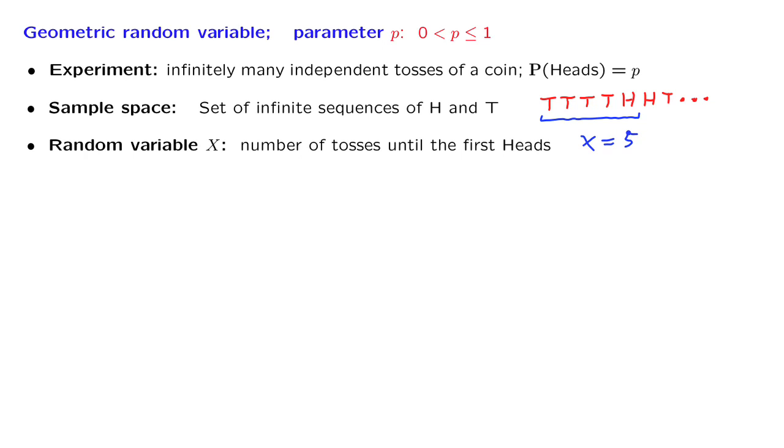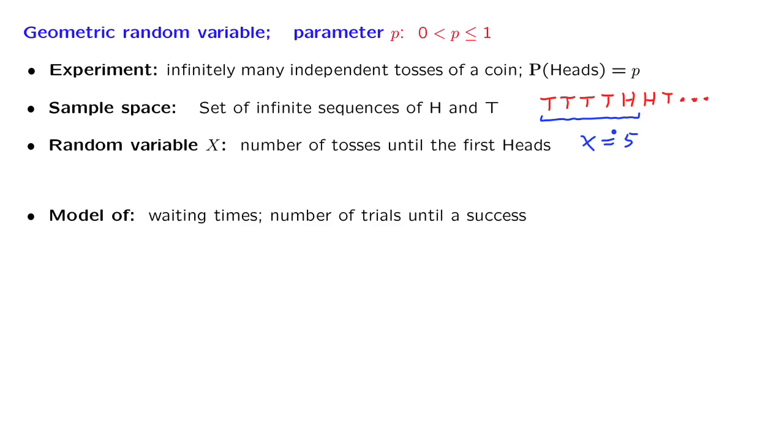A random variable of this kind appears in many applications and many real-world contexts. In general, it models situations where we're waiting for something to happen. Suppose that we keep doing trials at each time, and the trial can result either in success or failure, and we're counting the number of trials it takes until a success is observed for the first time.